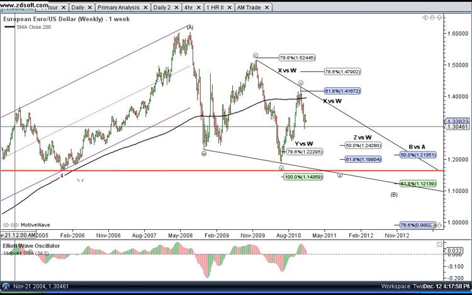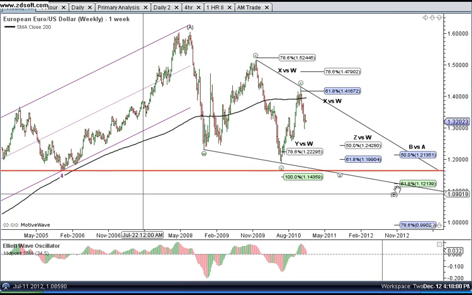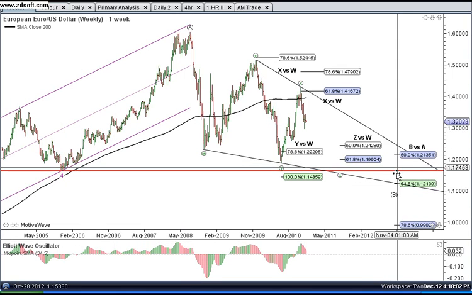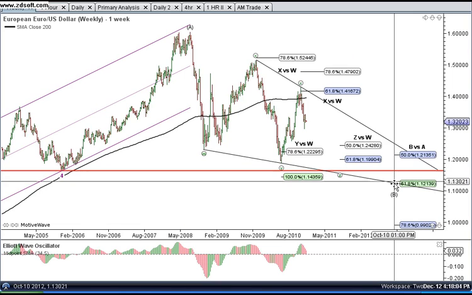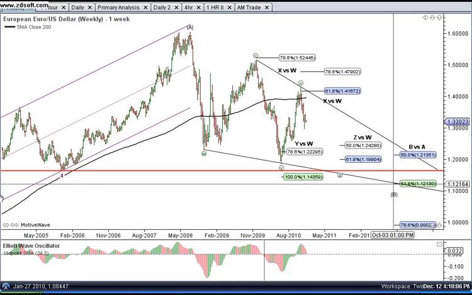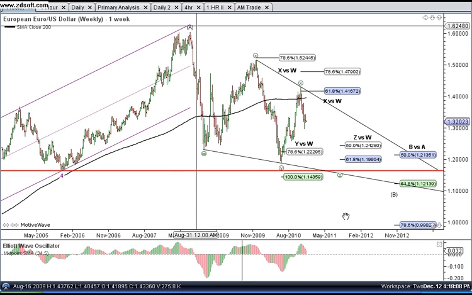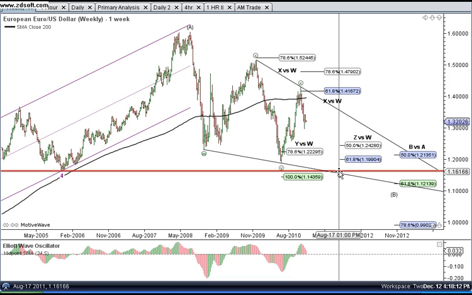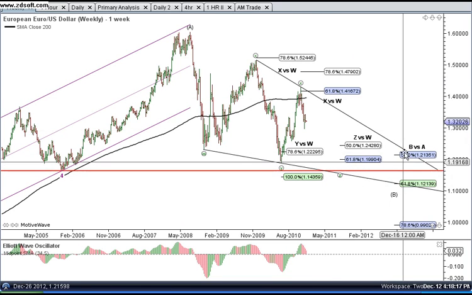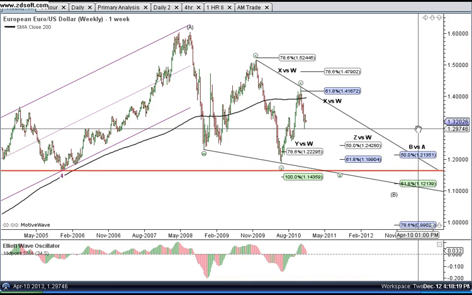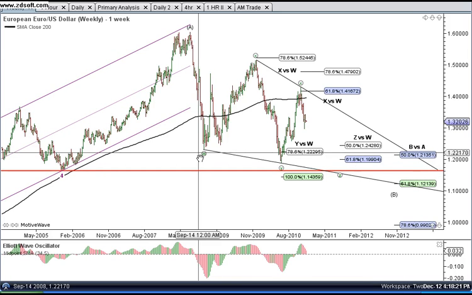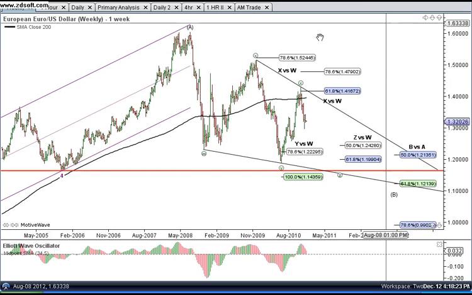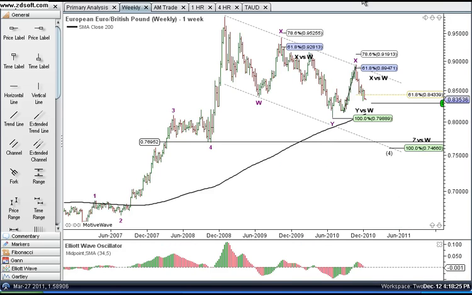So we may see the support come right in between the 50 and the 618 retrace of this leg, A leg up for B. We may see it come down to this trend line, hold, and could still see some bouncing around in between this wedge. I have this labeled WXYX, the same as I have the Euro Pound.